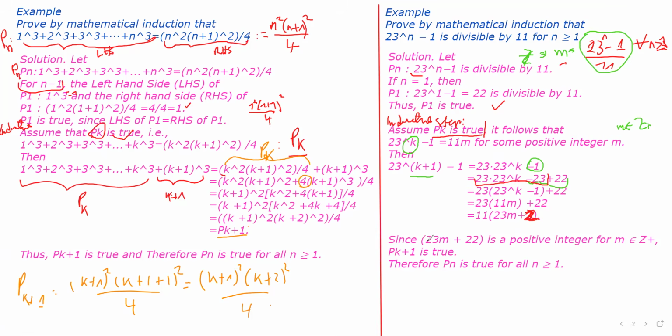And that means that now we can write that this value here is also a positive integer. It is a positive integer because m is a positive integer, and so this is also true. And then finally, something that you need to think about.